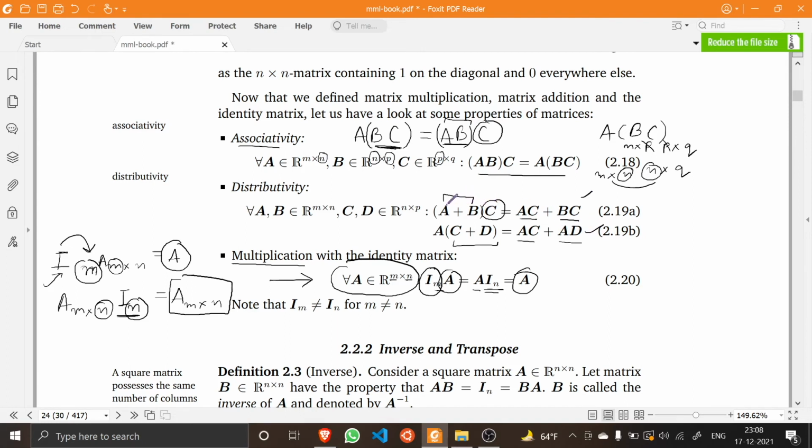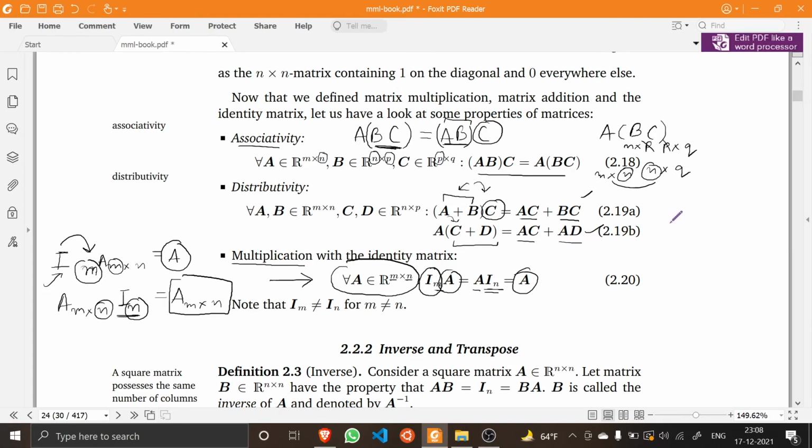In the first case, the addition is on the left and the multiplication is on the right, so the right multiplication gets distributed. In the second case, the multiplication happens from the left, and even then the multiplication gets distributed over addition. So it is distributive from either side.